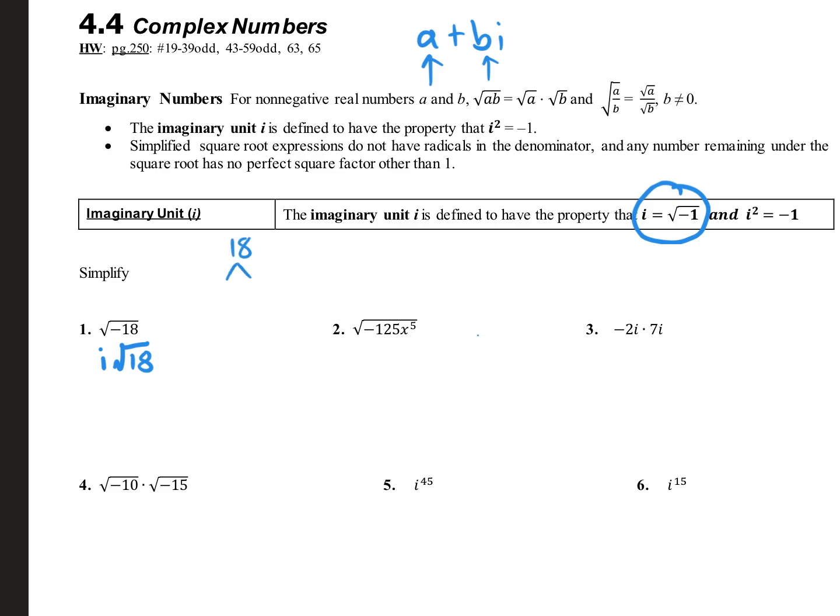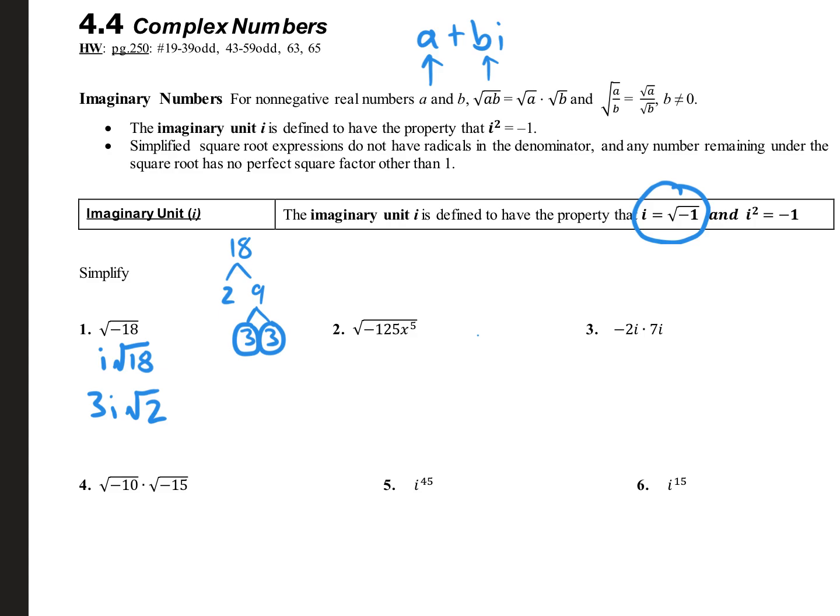So if it doesn't come to you right away, you can make a tree diagram. All right, so since 18 is 2 times 3 times 3, if there are 2 of something, you can bring that out front. But if there's only 1 of something, that has to stay inside. So our final answer is 3i rad 2.